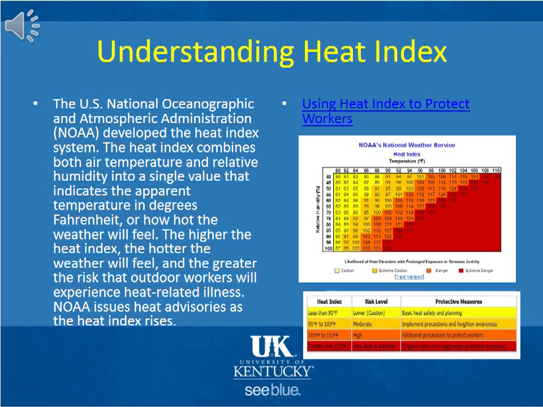The heat index can be used to help determine the risk of heat-related illness for outdoor workers, what actions are needed to protect workers, and when those actions are triggered. Depending on the heat index value, the risk for heat-related illness can range from lower to very high to extreme.